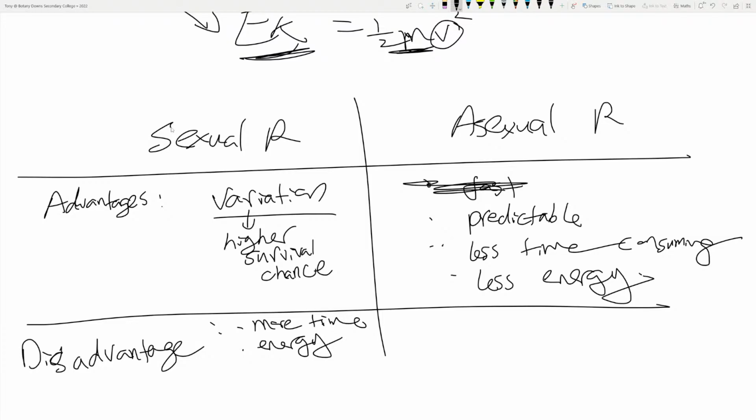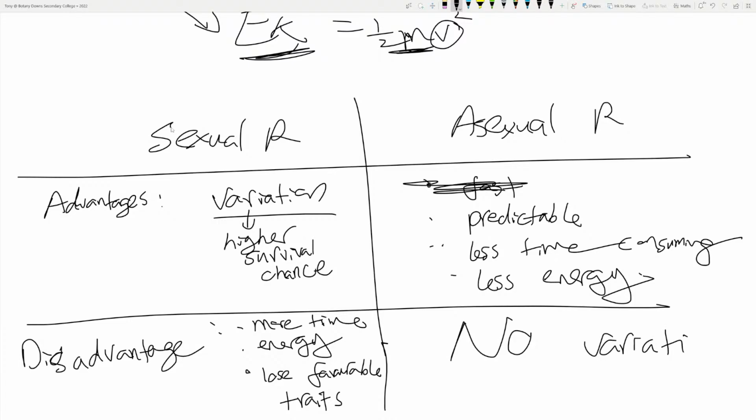You also might lose favorable traits, because if you do a Punnett square, you understand there's a certain percent chance that you can lose particular alleles in the offspring. And the biggest disadvantage of asexual reproduction is there's no variation. So that's pretty much all you need to know.